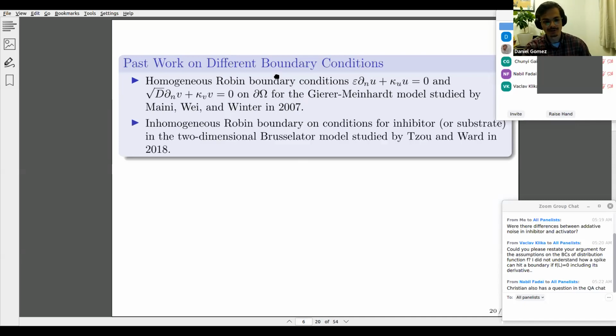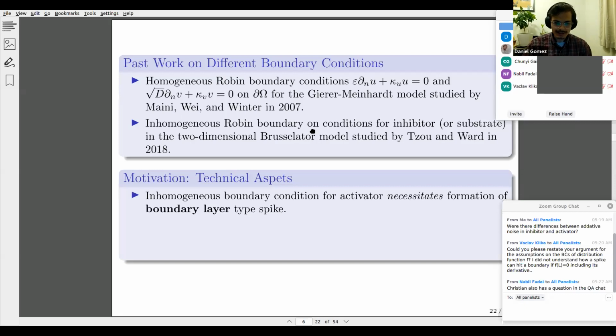Another scenario where different boundary conditions have been considered is in the two-dimensional Brusselator model, and this was studied by Justin Zhao and Michael Ward in 2018. And there they considered inhomogeneous Robin boundary conditions on the inhibitor, or I guess for the Brusselator model, we typically call it the substrate. And in both of these studies, they found that there are fairly substantial changes to the stability and structure of these localized types of solutions.